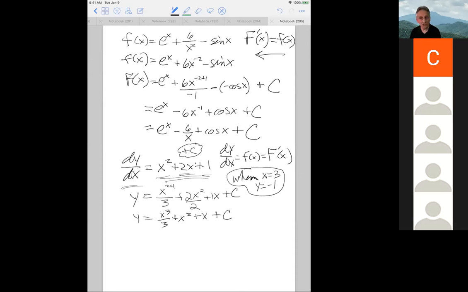Then now you can solve for C. So the idea is that what we're doing is finding a general form of the antiderivative. And the other circumstance that we added in was called a boundary condition. It's saying something about what sets the limit of what C can be. This is called a boundary condition.